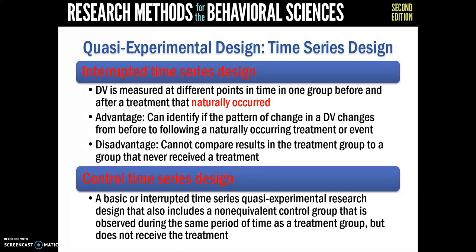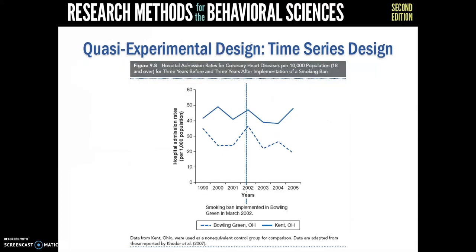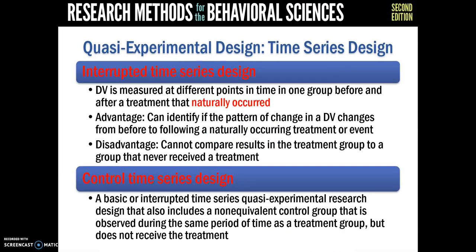The other one is called control time series design. This is basically a quasi experiment research that has a control group as well with the time series.